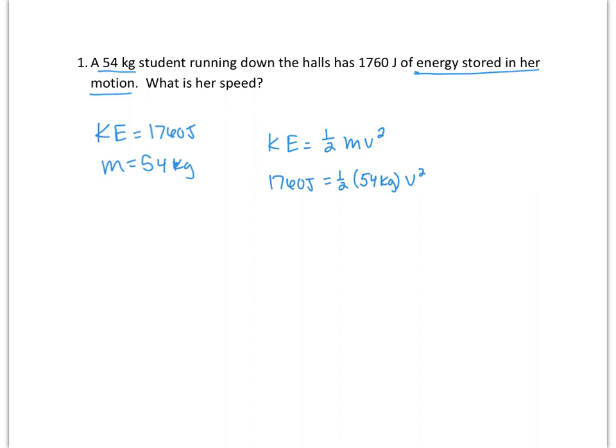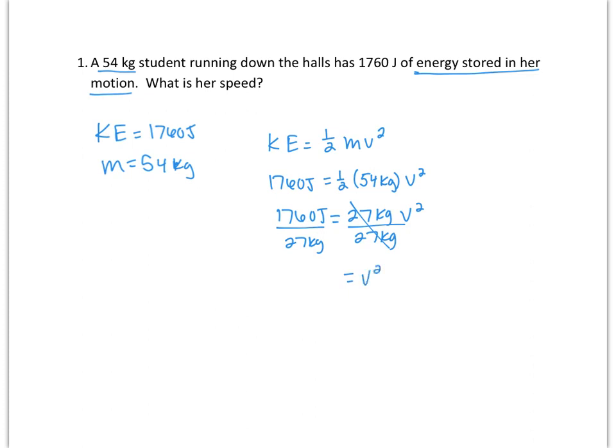Half of 54 is 28. Nope, it is not 28, it is 27. So 1760 joules equals 27 kilograms times v squared. Divide both sides by 27 kilograms.